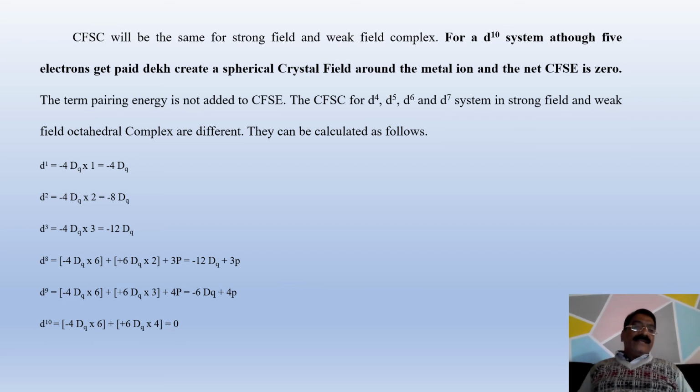Here we calculated for the d1 system minus 4 Dq, d2 system minus 8 Dq, d3 system minus 12 Dq, d8 system minus 12 Dq plus 3 pairing, d9 minus 6 Dq plus 4 pairing and d10 0. There are 5 pairings, but it is not considered here.